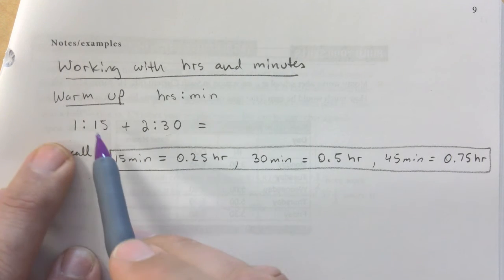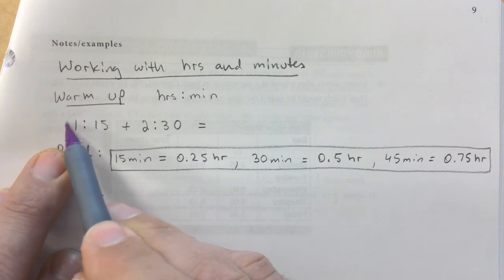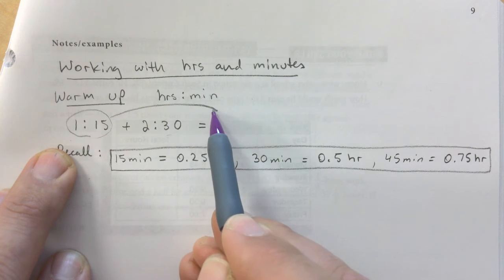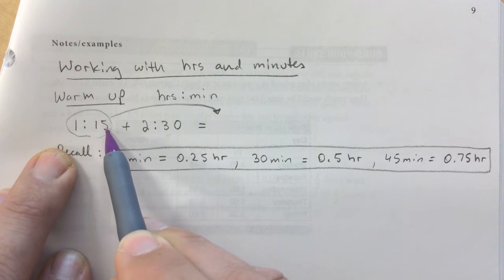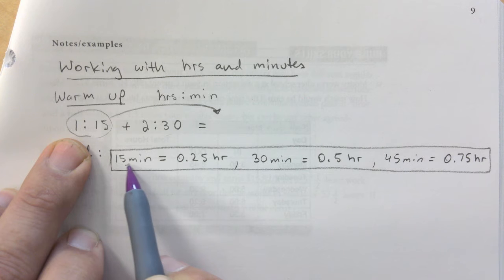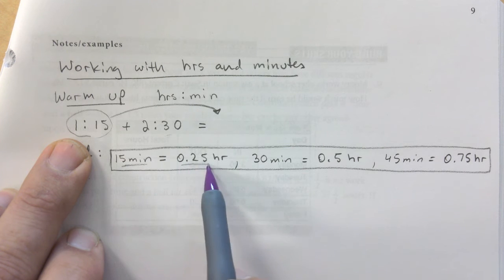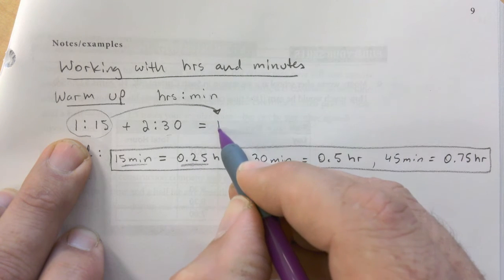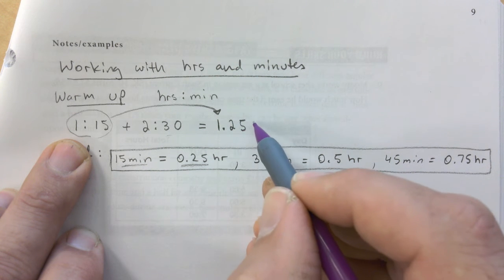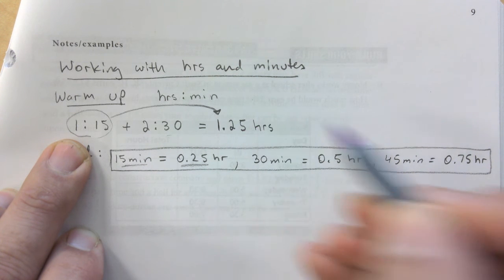How does this translate? This translates to 1 1/4 because it's 15 minutes. So instead of writing down 15 minutes, we're going to write down 1/4. So this would be 1.25 hours.